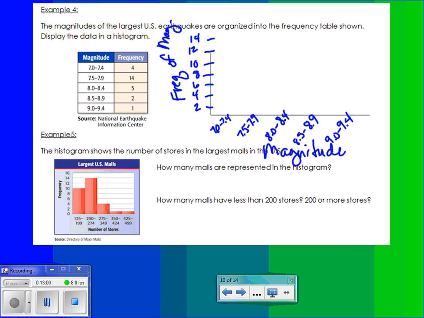Now we can make our histograms. So I want you to go ahead and draw in your bars, and remember they have to touch this time.